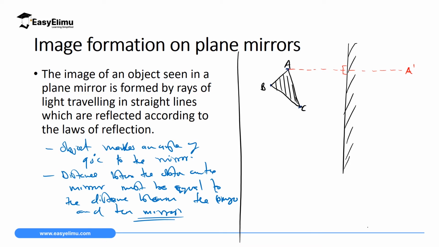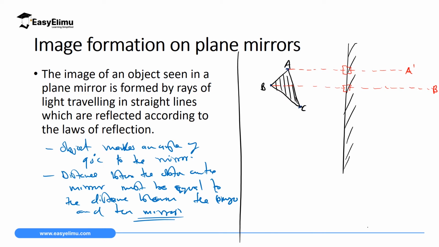So here we'll have A prime. Then point B, remember, it has the largest distance from the mirror. So first, it will make 90 degrees to the mirror like that, and then it will move the equal distance behind the mirror. This one will be our B prime.